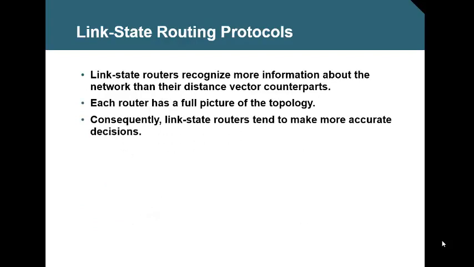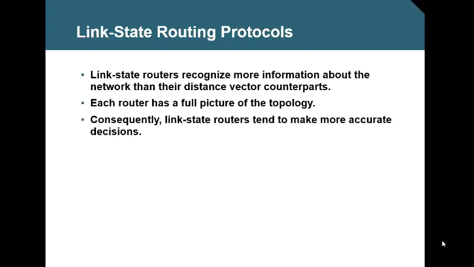Next, why link state routing protocol? You see, the last point is what is very important. Accurate decision. Because this routing protocol can provide you a full picture of the topology in each area, you will have a full picture in each area. When a route is down, they can take a fine-tuned decision.